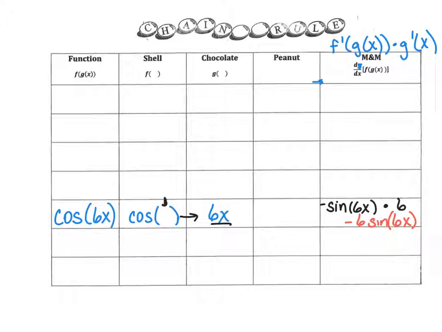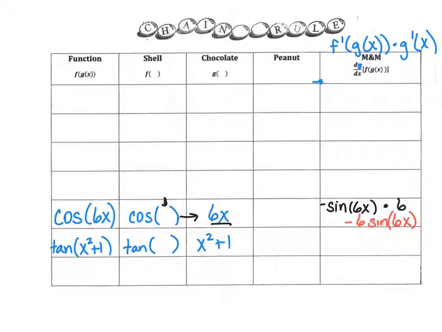So why don't you try this one? Why don't you try tangent of x squared plus 1? Stop the video, see what you think, and come back. Hopefully, you said tangent of something is the outer, the inner is x squared plus 1.